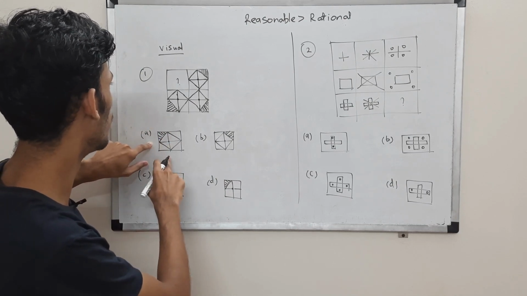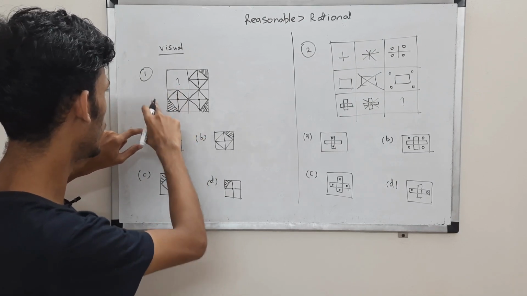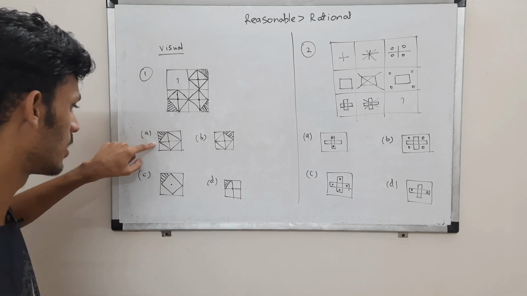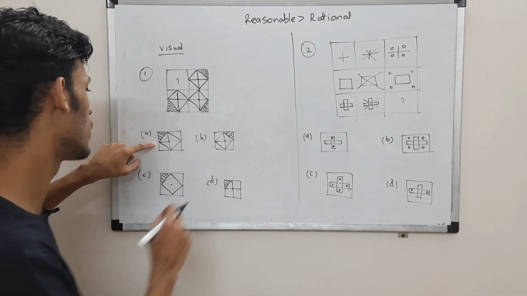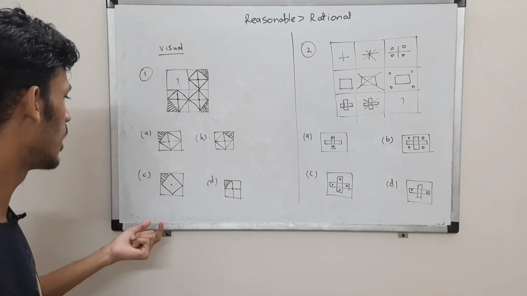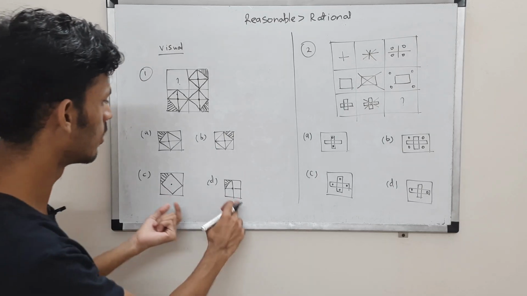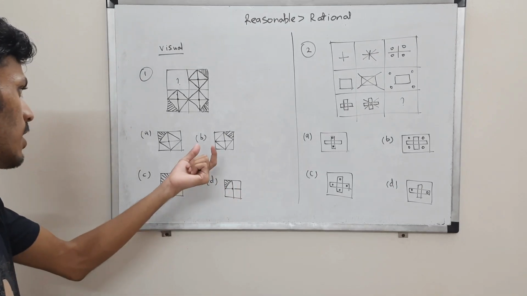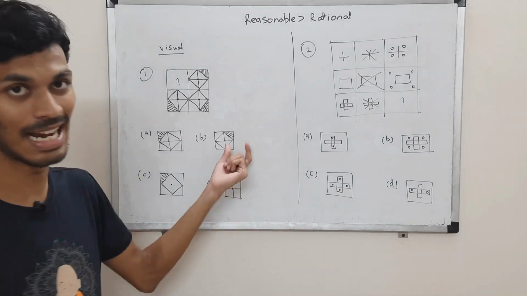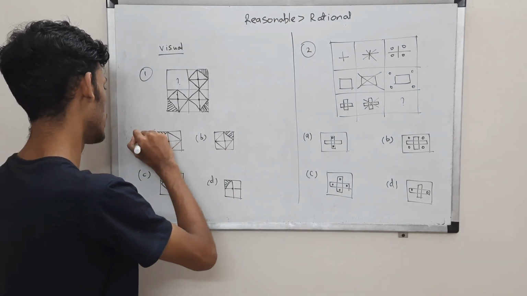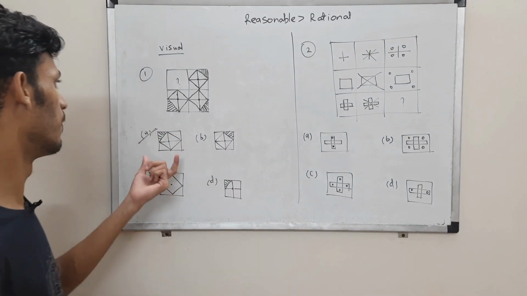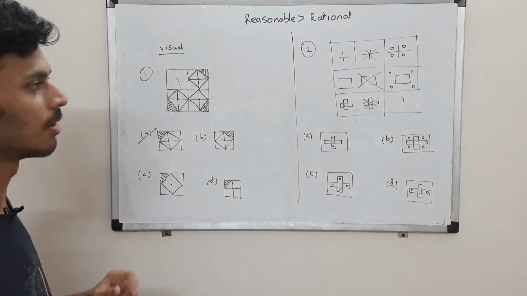It has all the components: the square shape, the diagonals, and the dot. Whereas in the others something or the other is missing. Here the plus is missing, here the other sides of the square are missing, here different sides are shaded. So this is the figure that completes this figure in terms of symmetry.